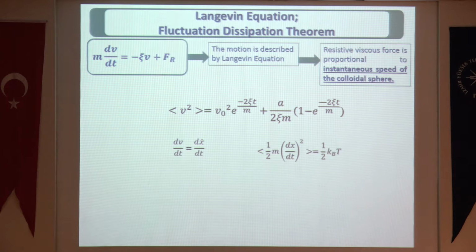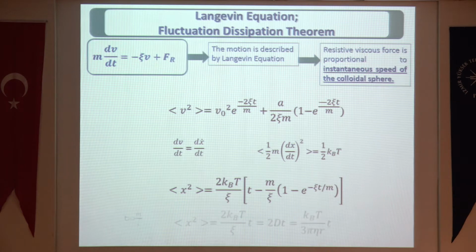Using the equipartition theorem, you end up getting this position correlation function, where Xi is the frictional coefficient, which is related to the viscosity of the liquid. Due to our technique, the time t that we achieve is much larger than m over Xi, since our mass is a 1 micron particle mass and this number is quite small, and the t we are dealing with is from frame to frame, so the time is much higher than this value.